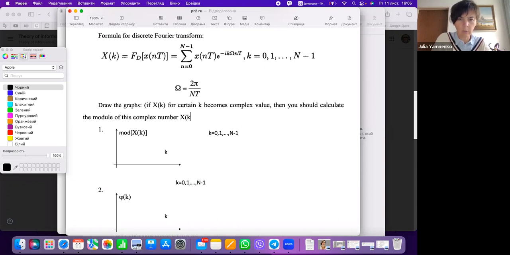So if you have complex x from k, then you have to calculate the module of x from k.